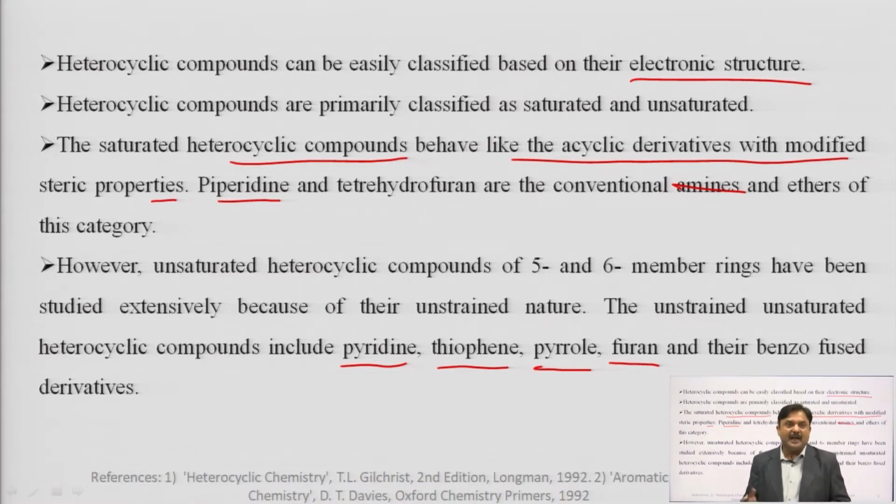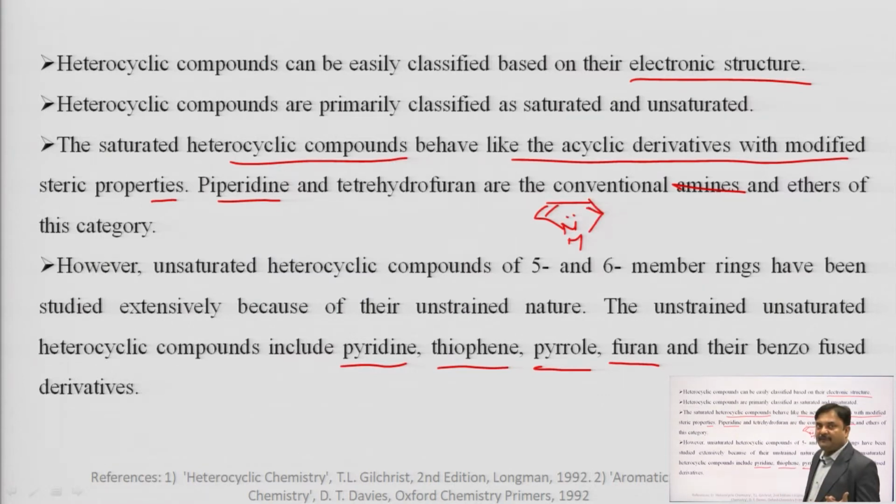And based on these moieties, if we fuse a benzene ring with pyrrole, then the resultant molecule is called indole. Like, what is pyrrole? This is pyrrole.